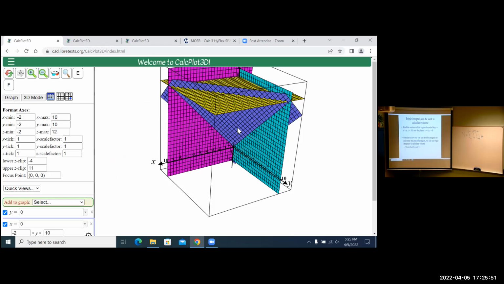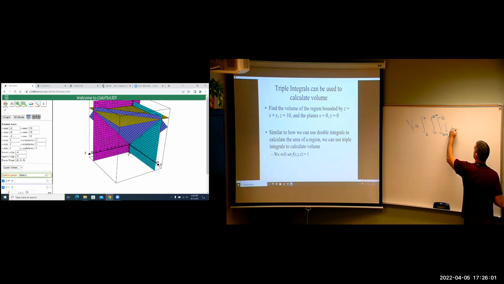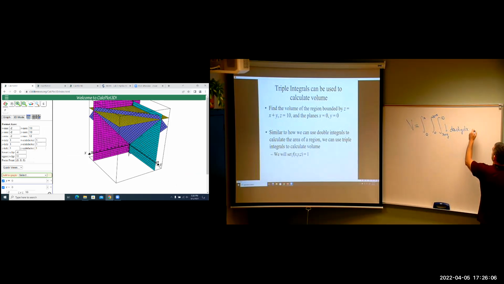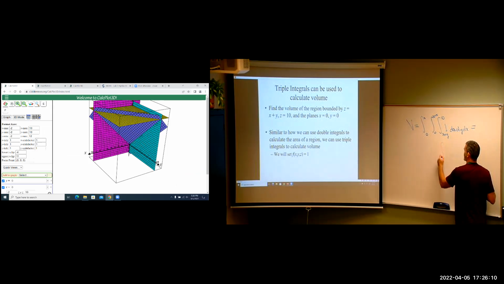Well, again, the first set of limits usually aren't too bad. So this time we're going to do dx first. Sorry, we did dy dx. Alternative. So we're going to do x first.